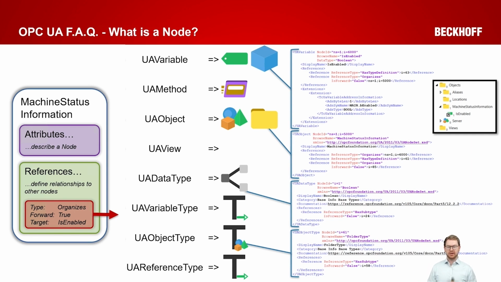That's why the folder icon is shown, because it's derived from the object type folder type. And it has attributes, as you can see in the XML, and it has references. Especially, it has an organizes reference that is forward to the target node is enabled. And this builds the hierarchy you see in that screenshot.